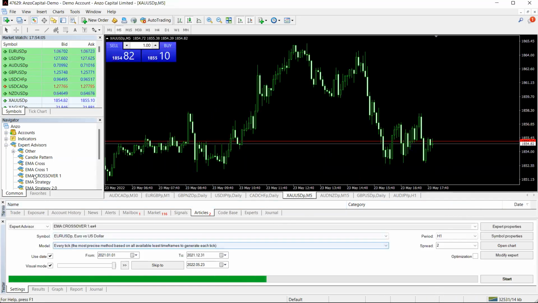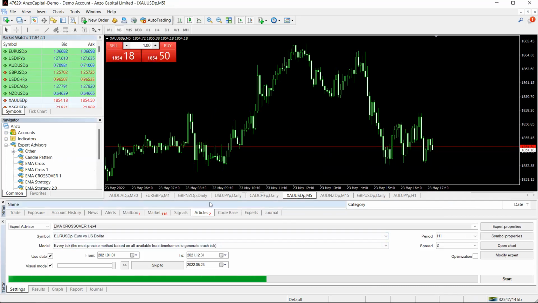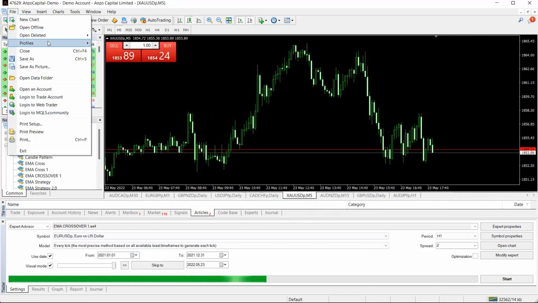Okay, now, what we're going to do with the file you've downloaded is copy it to the data folder of your MT4. To get the data folder of your MT4, just go to File and go to Open Data Folder, right? So File, Data Folder, you click on that.